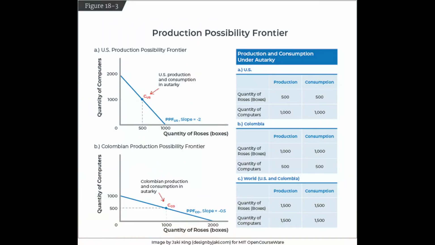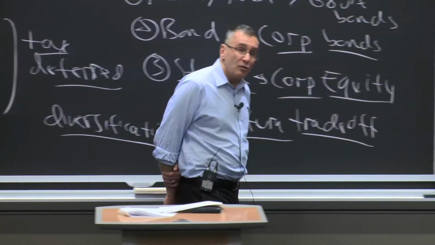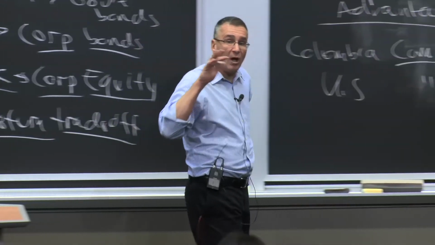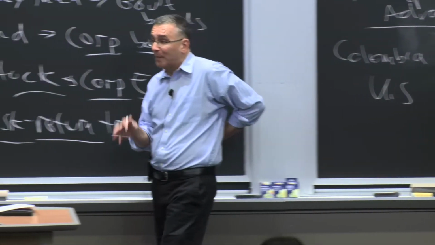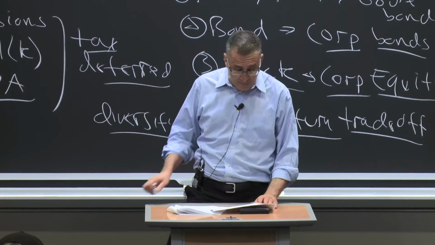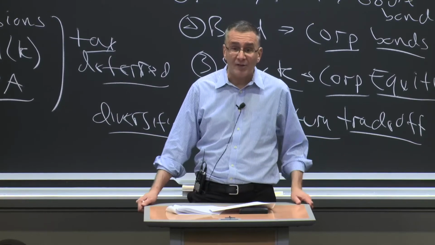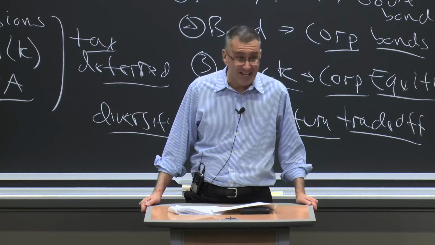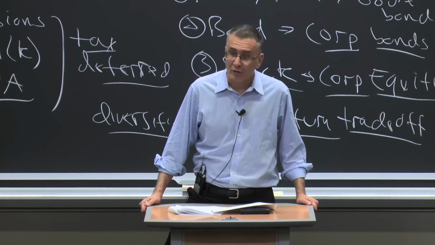Okay? They can make 2,000 roses and 1,000 computers, or some combination in between. So the first thing I want to make sure you understand is why these are sensible production possibility frontiers for each country. They show the US has a comparative advantage in computers.